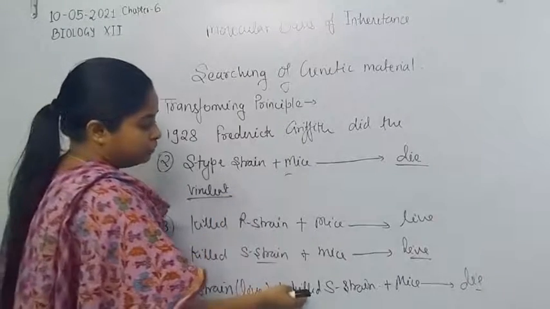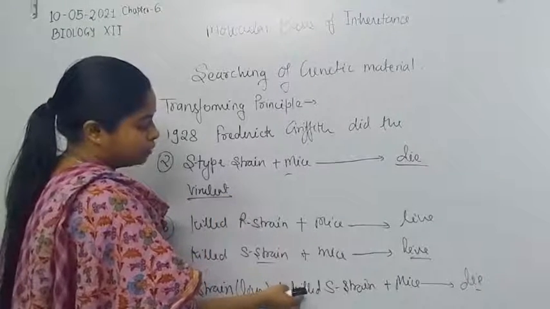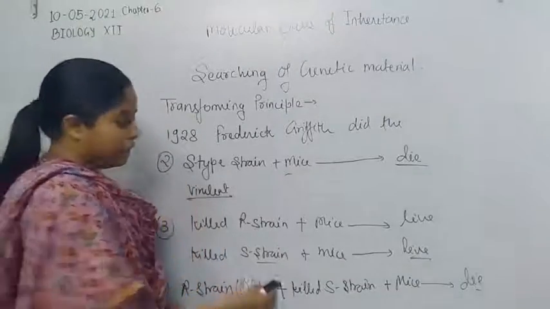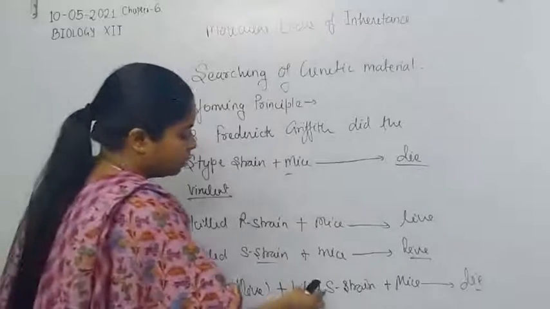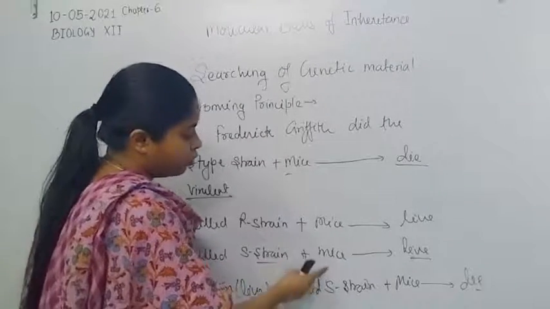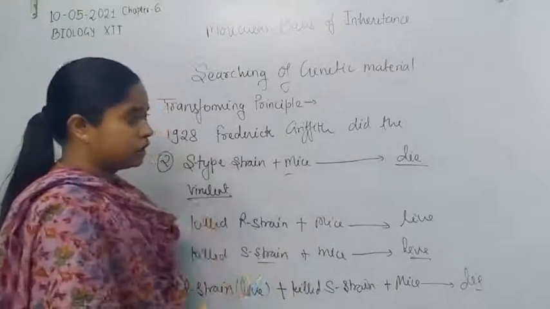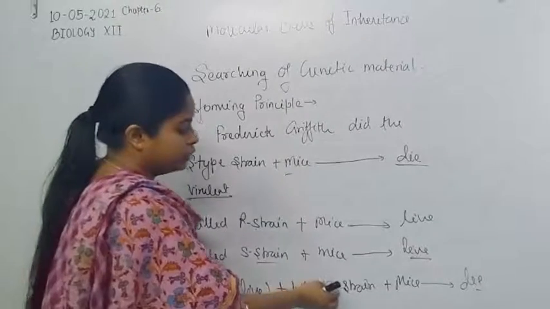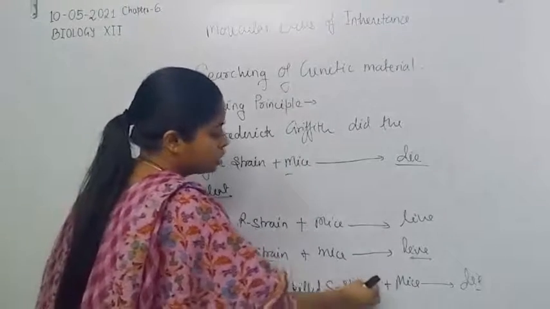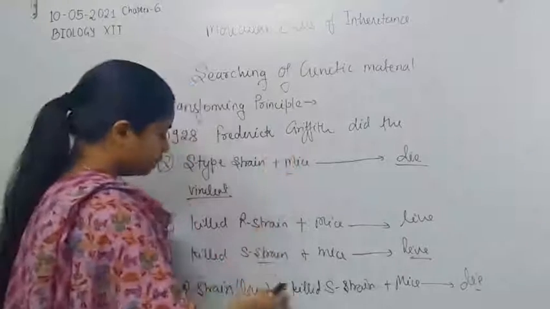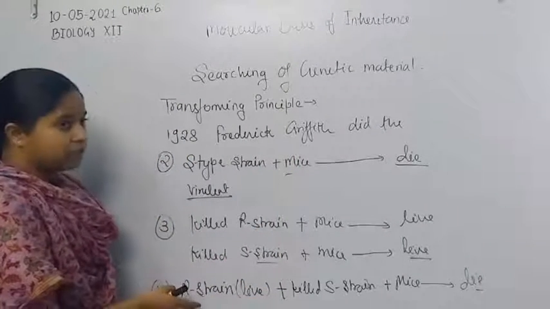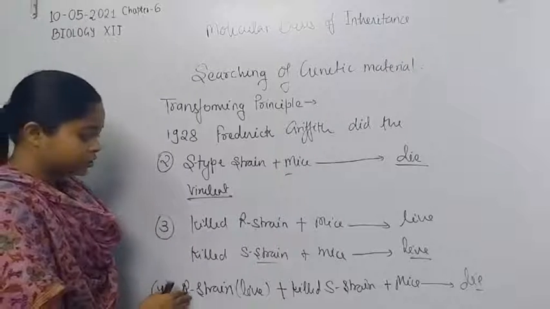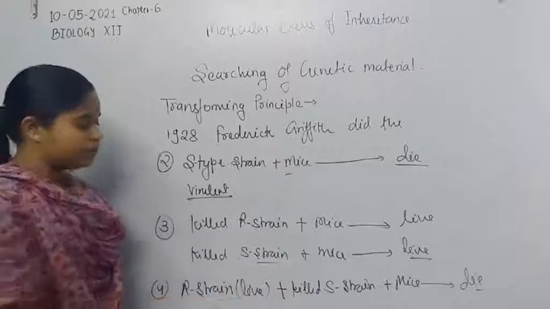So when the R strain received such material, which the S strain generally has, because of this nature, the mucopolysaccharide, it is able to cause pneumonia in the mice. That material was taken up by the R strain, and simply the R strain converted into the S type of strain.